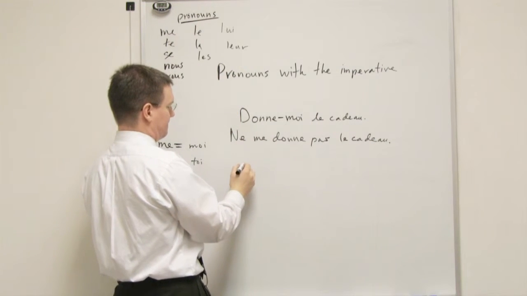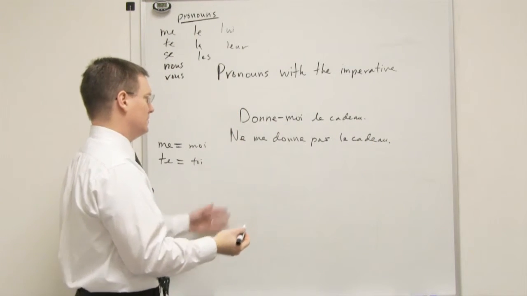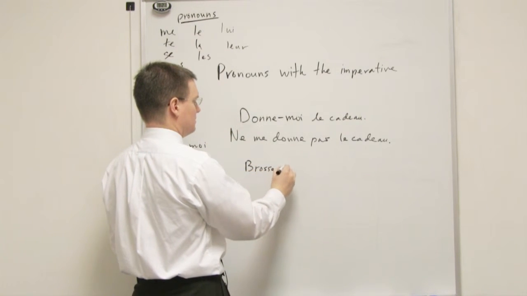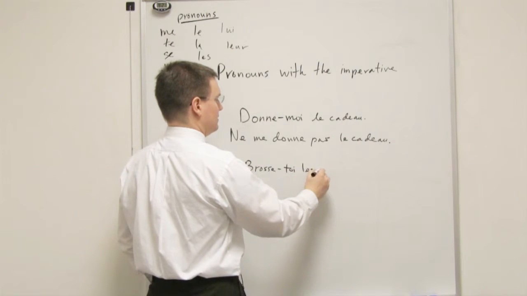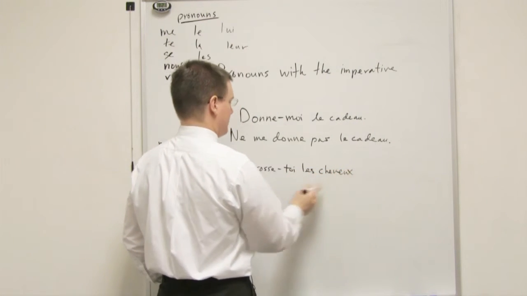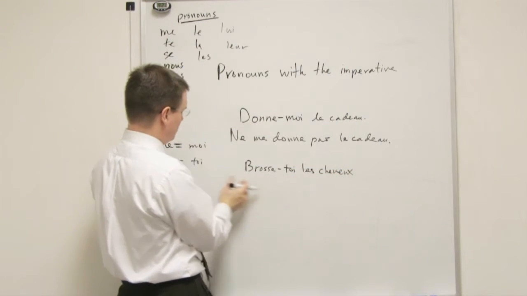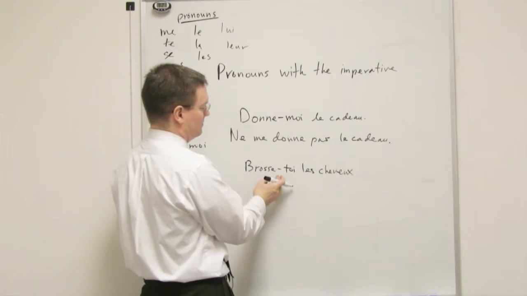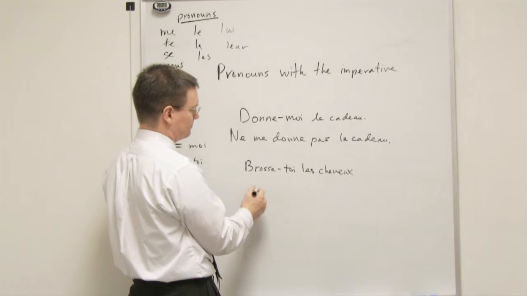Another way we could use it is brosse-toi les cheveux, for example. Here toi comes after. Notice these become moi and toi after the verb. So brosse-toi les cheveux.